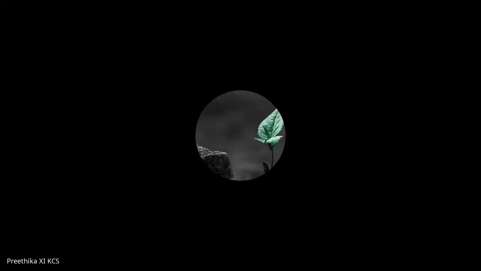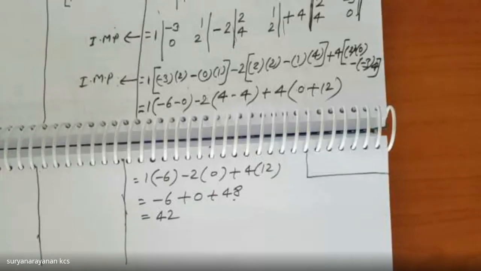Sir, I have a doubt in the homework sums you gave, sir. Friday sums. That matrix is order 3, sir. I didn't get the answer, sir. Sir, even I have the same doubt, sir.